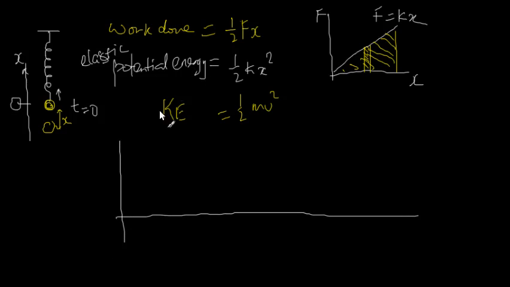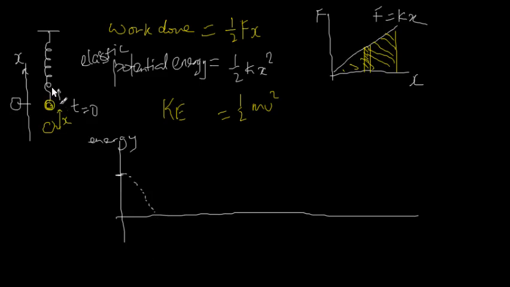I'll start with the potential energy. Let's say I pull it out and I let go. When I pull it out, I would have the maximum potential energy. And when I let go, as it springs back towards its rest position, the potential energy should fall to zero at the rest position.